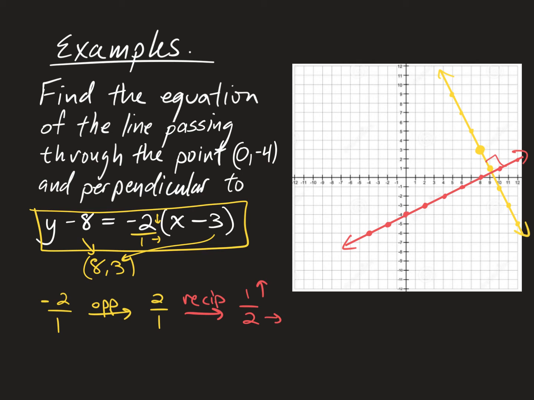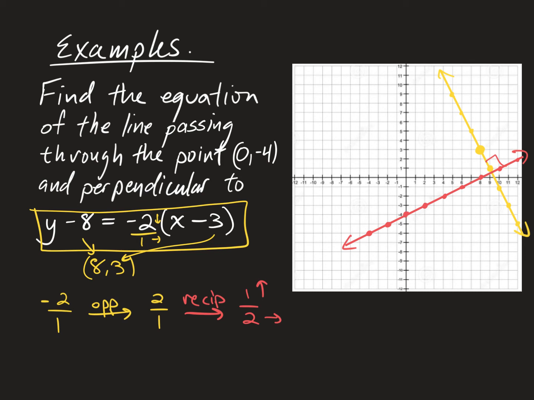Now we want to write the equation because that's what was being asked of us. And honestly, we could use any of these points that we plotted along the way. Now, I wouldn't recommend that because if you accidentally mismove using the slope, you don't want to use that one particular point.